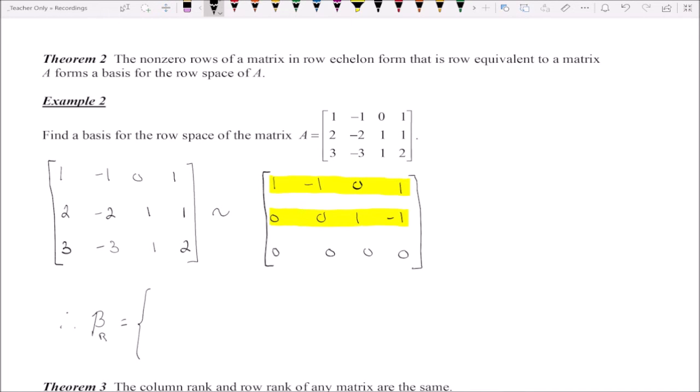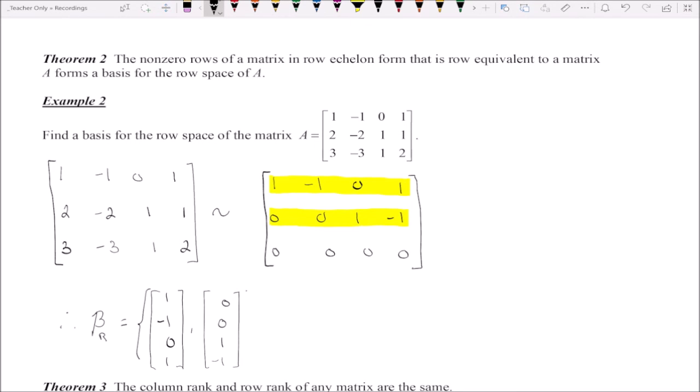So we have the vectors (1, -1, 0, 1) and (0, 0, 1, -1).